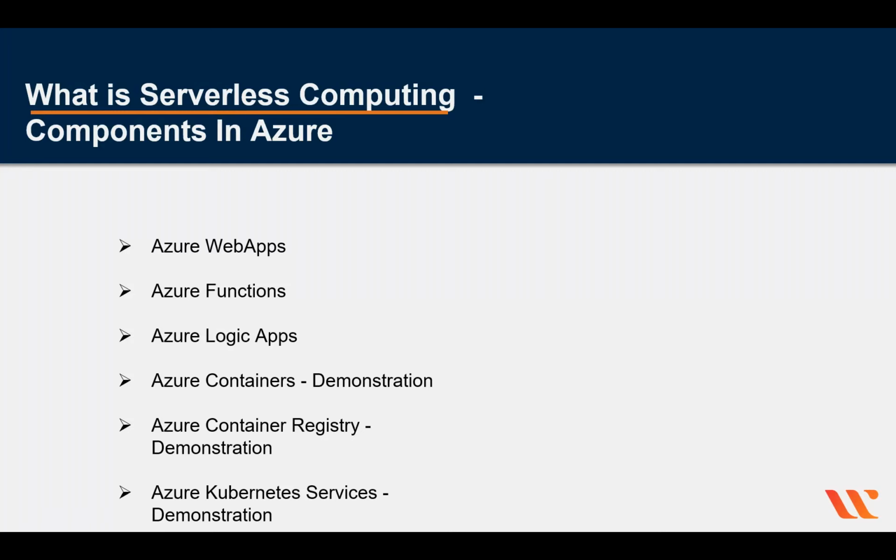And for you, for me, for the server admins, and for various organizations that use cloud, they will just have to focus on writing the code and then sending it to maybe web app, maybe functions, maybe logic apps, and let that run for you.